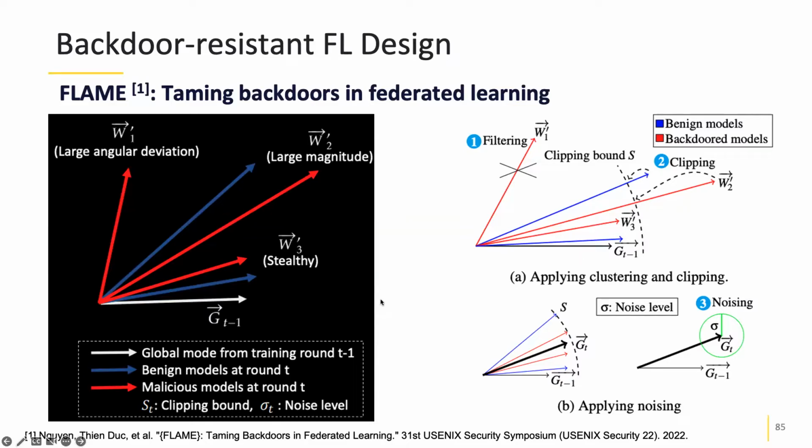And to mitigate the third type of stealthy backdoor model, Flame uses dynamic noising such that it adds a proper amount of Gaussian noise to the model so that the impact of the backdoor update is diluted in the global model.